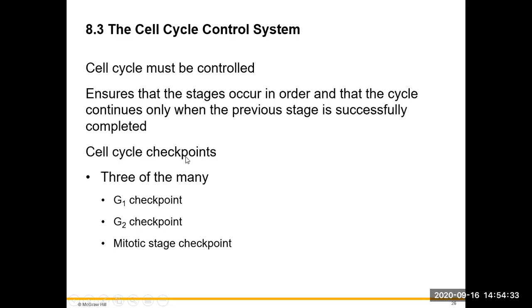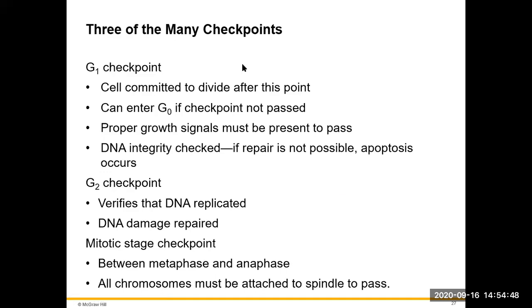So what are the cell cycle checkpoints? We have three of the many cell cycle checkpoints we need to know. One is the G1 checkpoint, second the G2 checkpoint, and then the mitotic stage checkpoint. G1 checkpoint: if you finish the G1 checkpoint, that means you are committed to divide after this point.